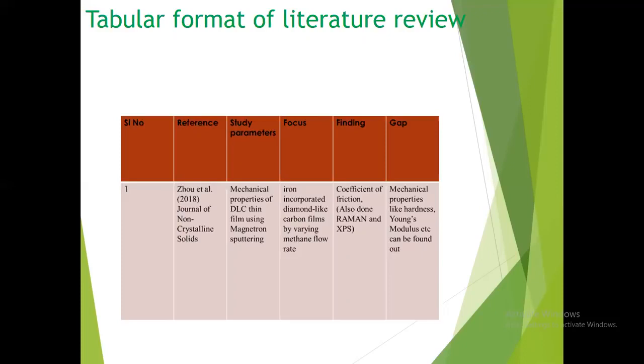You'll have to formulate your research problem on the basis of the gap, by which you'll get a novelty work, because gap means the work which has not been done. And if you follow a particular gap, it will be helpful for researchers to go for a good quality research work.